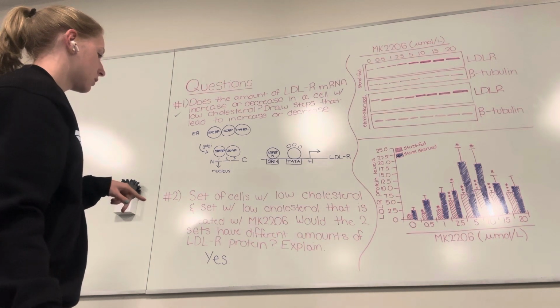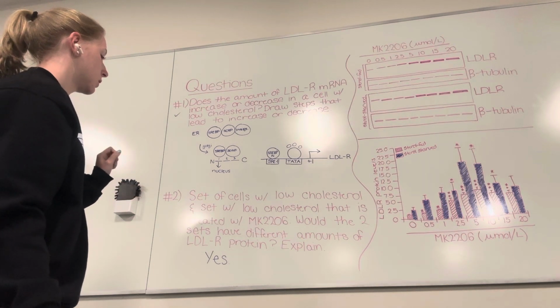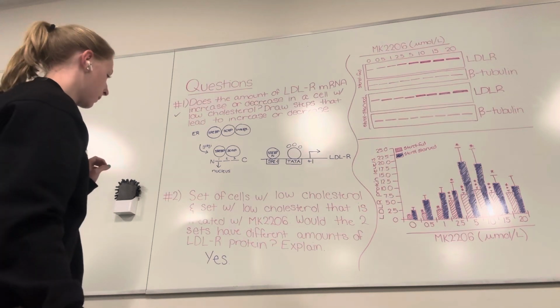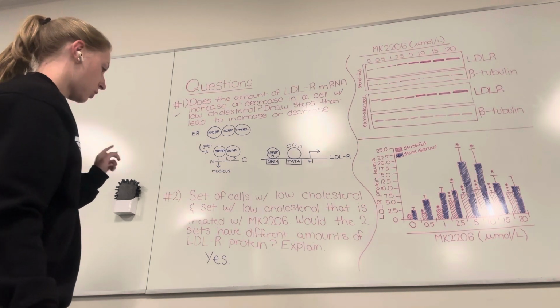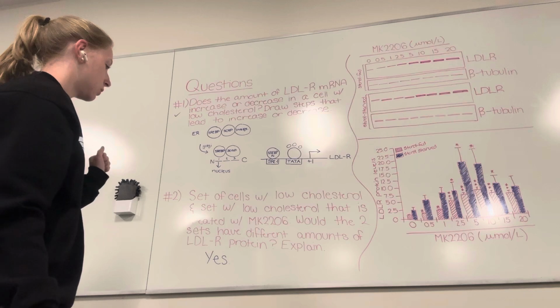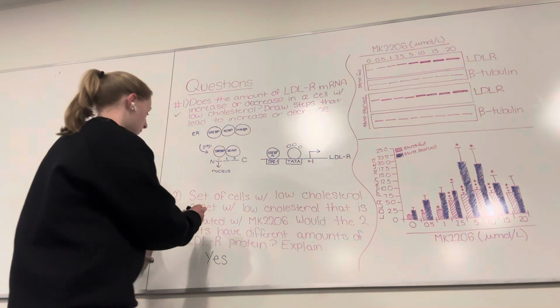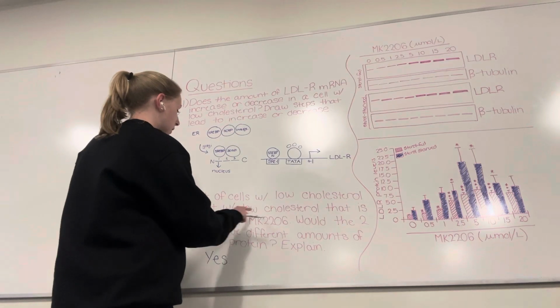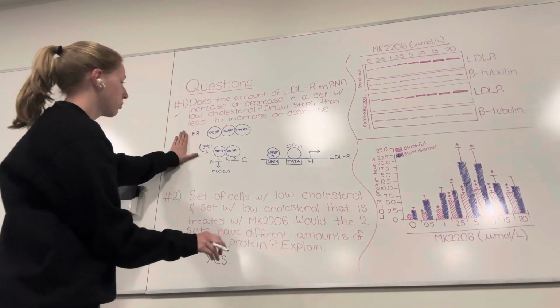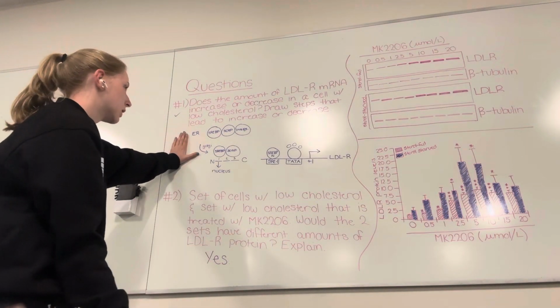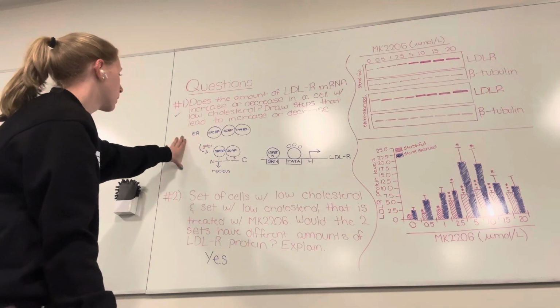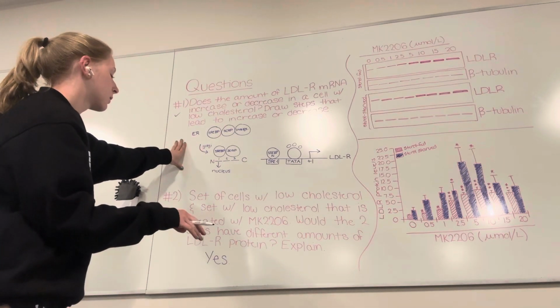But that set of cells with the low cholesterol that's treated with the MK2206 would be a little different. I'm pretty sure one of the jobs of MK2206 is to reduce translation. And so although it has low cholesterol, it would go through this pathway and get transcribed into mRNA.